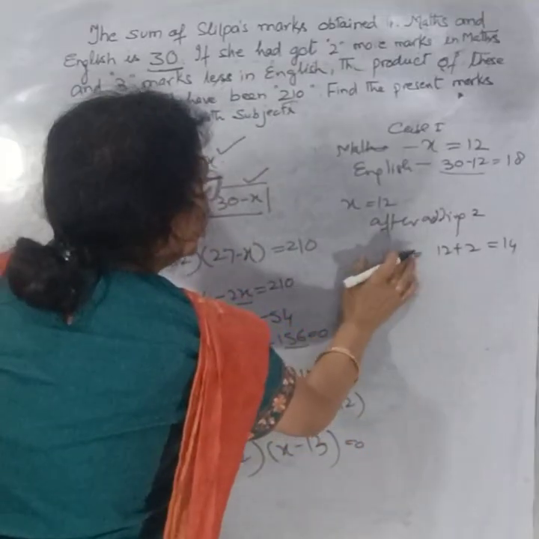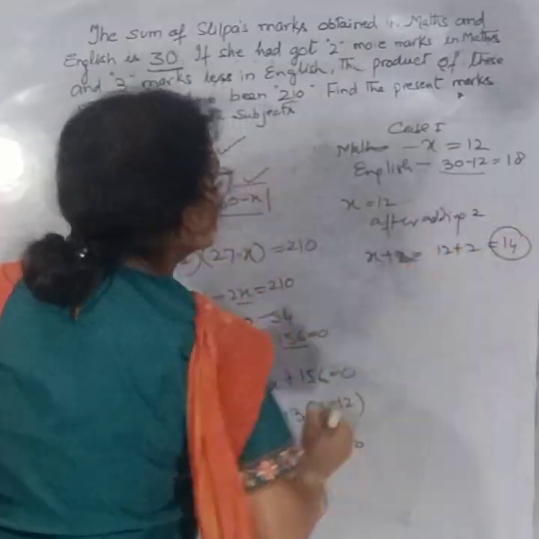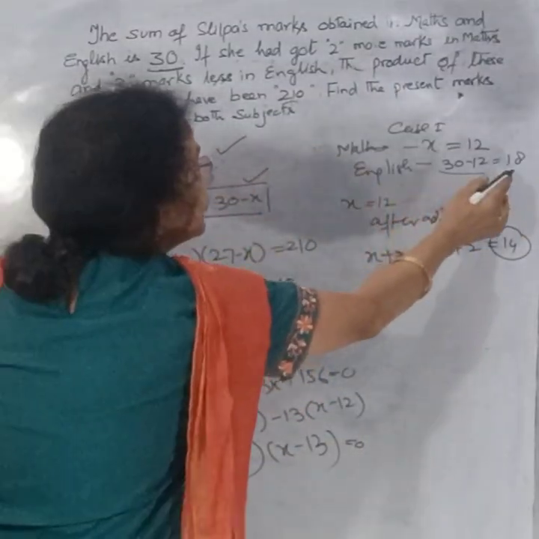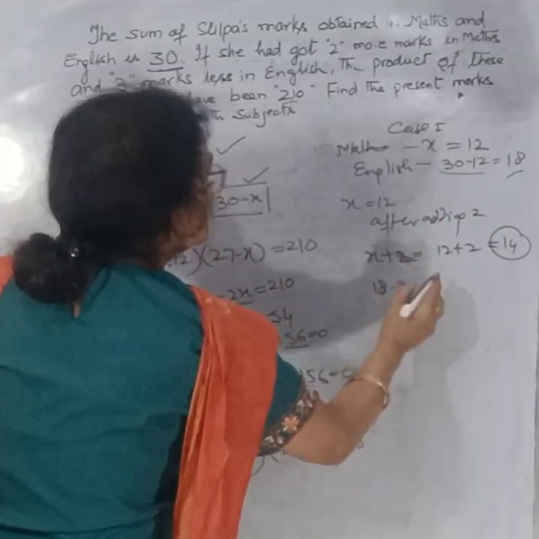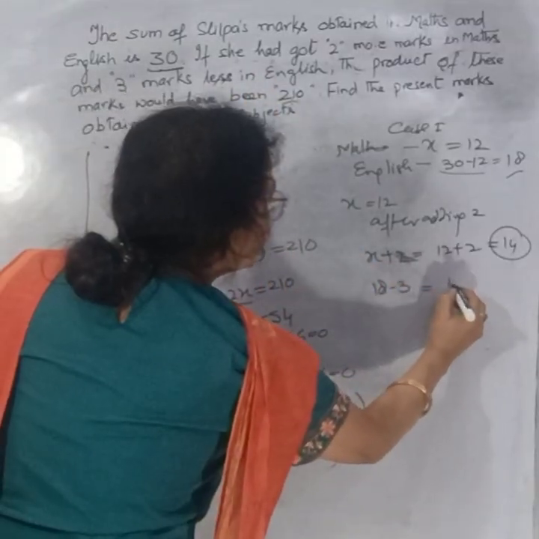Okay? After adding 2, x plus 2 becomes 14. This is in maths. And subtracting 3 from English. This was 18, so 18 minus 3. This is after subtracting 3 marks in English. That is equal to 15.